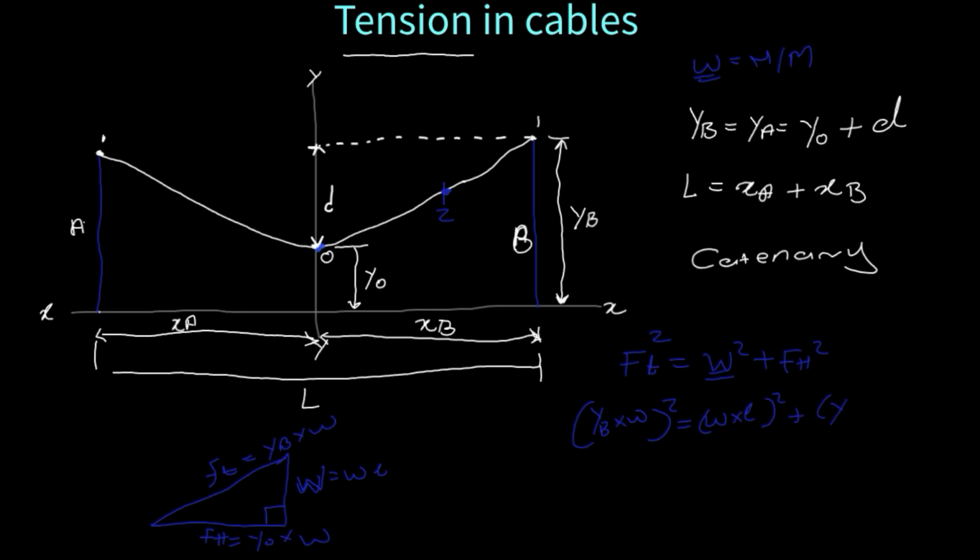This one is going to be yo times w squared. We have a w on this side, we have a w on this side. You can take w as a common factor here and then take w out from the brackets this side and then cancel out the w's on both sides of the equal sign, ending up with something like this. yb squared is equal to L squared plus yo squared.